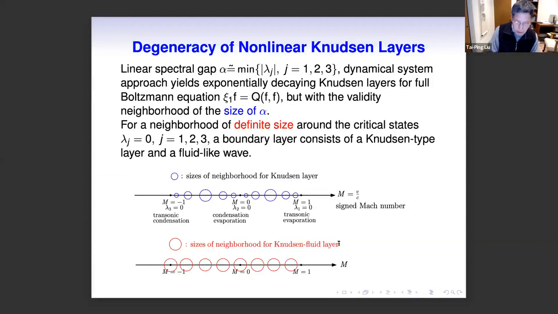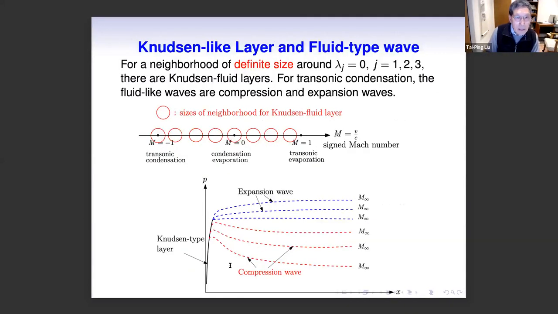So here is the picture. If we are near one, say in this case near lambda_3 being 0, then the boundary layer will have one part which is like Knudsen type, followed by either an expansion wave or a compression wave, for different values of M infinity.